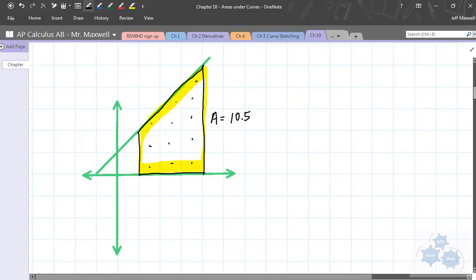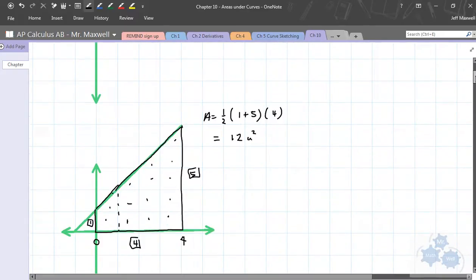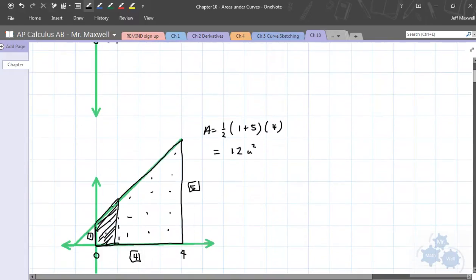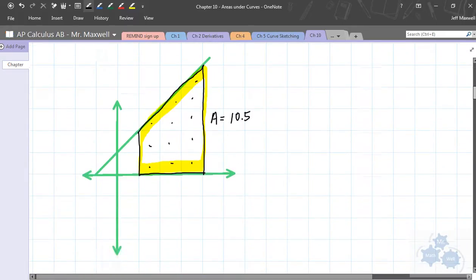Now if you notice a couple of things, that area is the difference between this larger area and this smaller trapezoid area. So I've taken this smaller area off the larger. And do you see how 12 units is the large area and 1.5 units is the smaller area? And so that makes sense, right? If you have two areas and you want to find the difference in those areas, you subtract them. And so really this is 12 minus 1.5 is 10.5. Okay?